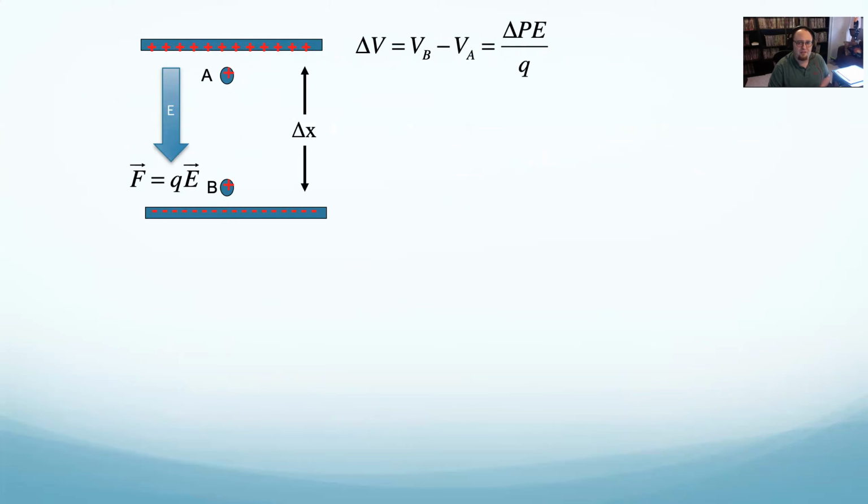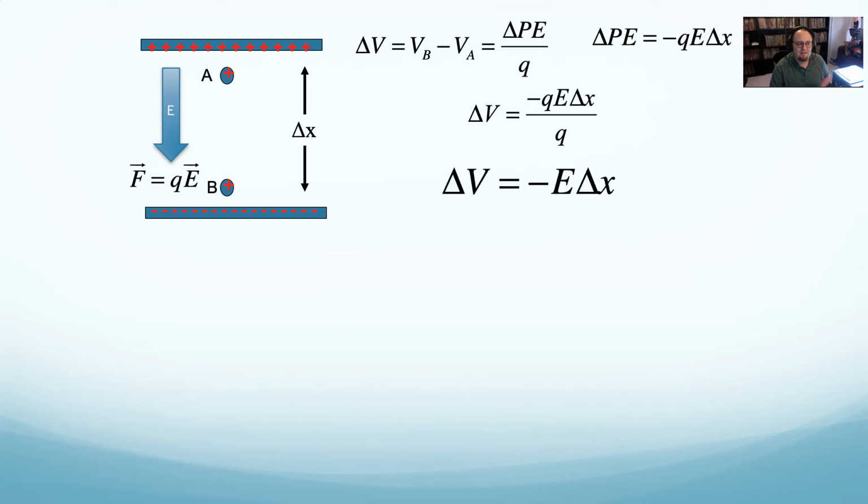And so the potential difference, or delta V, would just be the potential at B minus the potential at A. Well, that's going to be the change in potential energy over Q. Now keep in mind that the change in potential energy is negative QE delta X. And so therefore, potential difference is negative QE delta X over Q, or just negative E delta X. And that is the equation for potential difference. When you have a charge moving in a uniform electric field, the potential difference is negative E delta X.